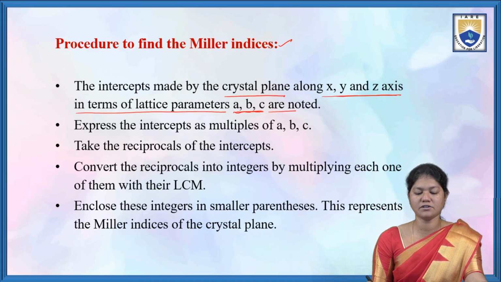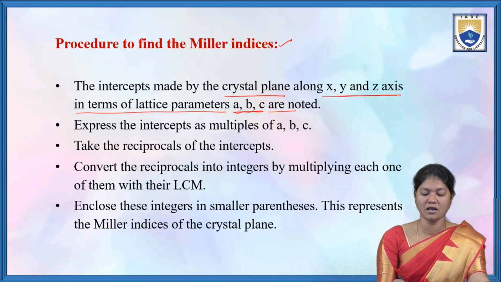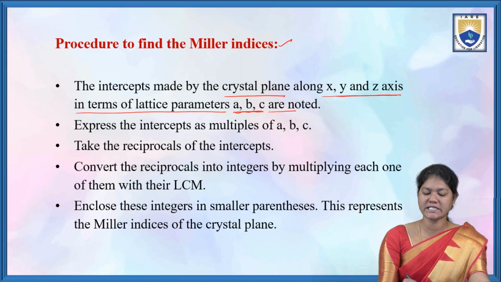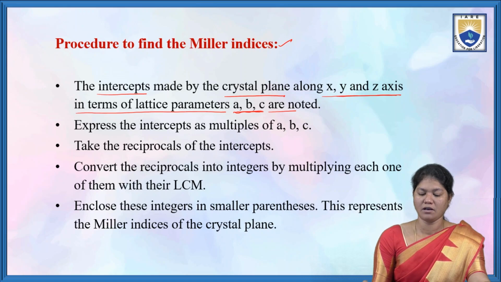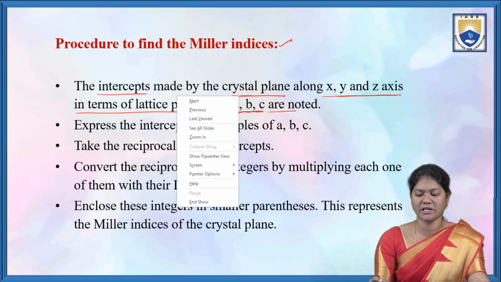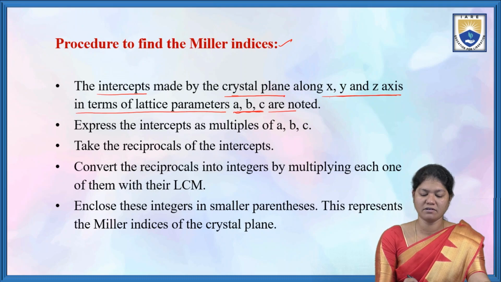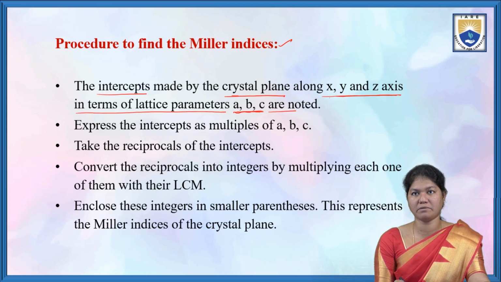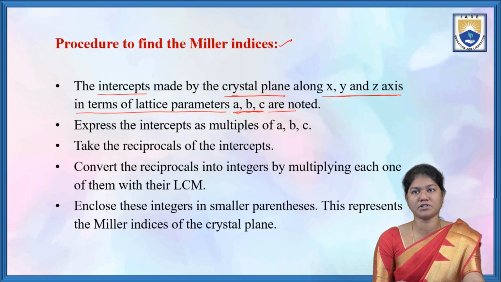Okay, so the first step to find the Miller indices is to note the intercepts made by the crystal plane along the x, y, z axes, written in terms of the lattice parameters a, b and c. Next, in the second step, express the intercepts as multiples of a, b, c.